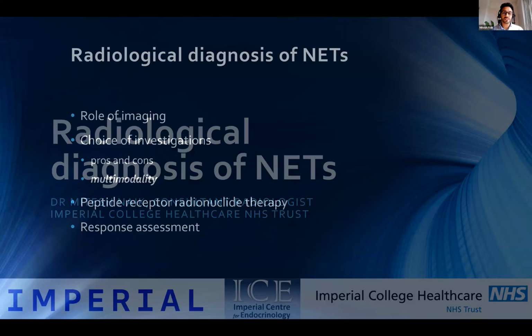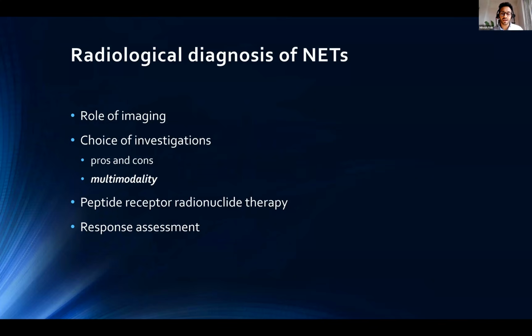So yes, my name is Mitesh, one of the radiology consultants working at Imperial alongside my esteemed colleagues. During this talk, I wanted to touch on several areas. The first of which is defining the role of imaging in the diagnosis of neuroendocrine tumors, going through the choice of investigations that we have in our plethora of ammo, including the pros and cons, and also emphasizing multimodality imaging and why it's so relevant in all cases.